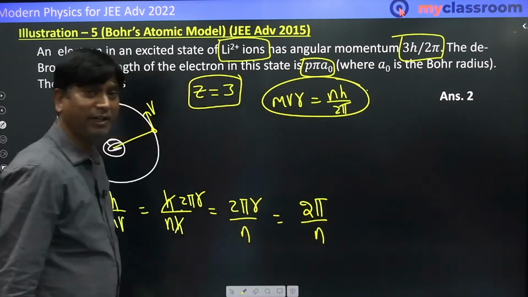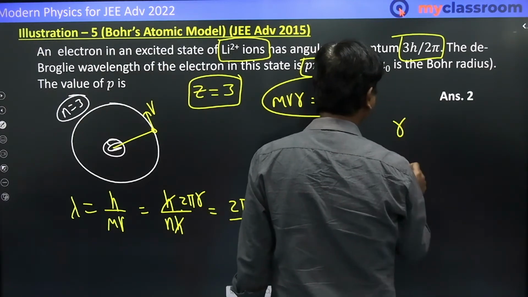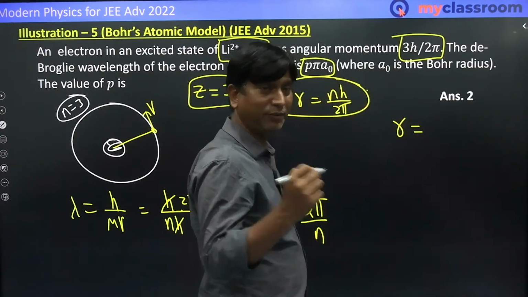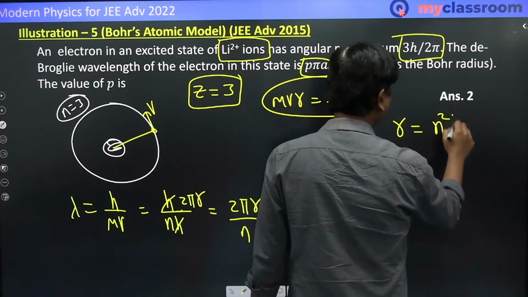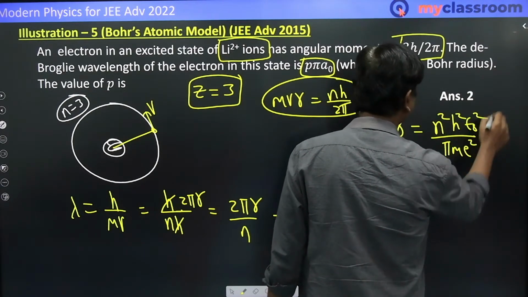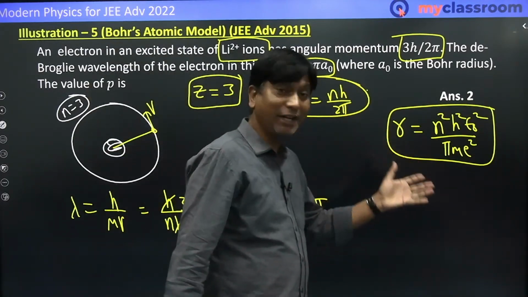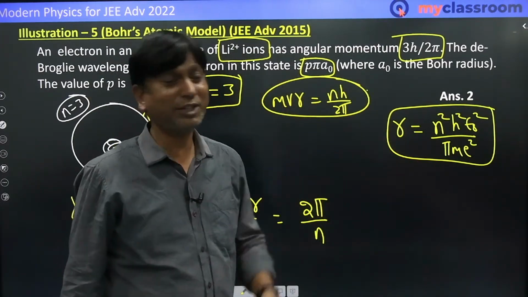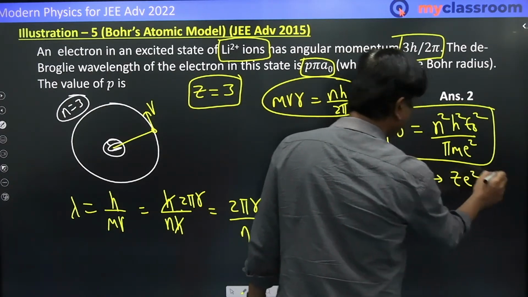What is the radius of the nth orbit? The formula: radius of the nth orbit is equal to n square h square epsilon naught by pi m e square. This is for the hydrogen atom. When you take a hydrogen-like ion, e square will be replaced with Z into e square.